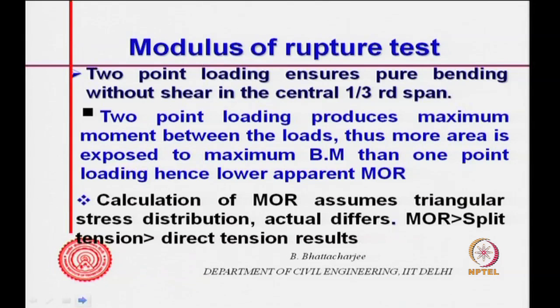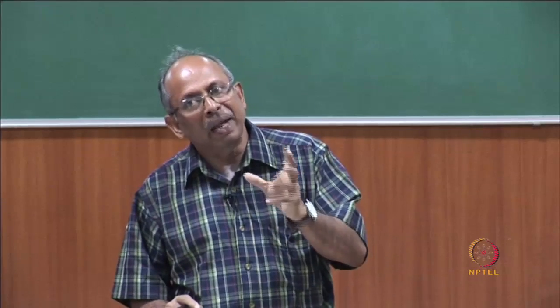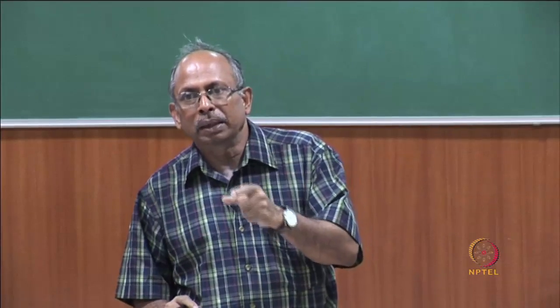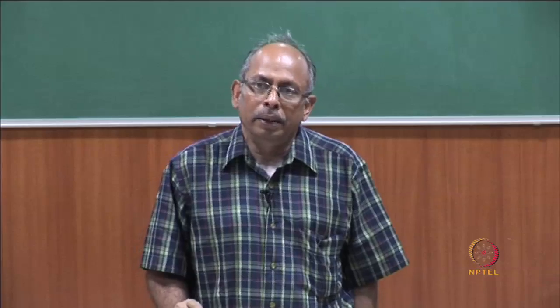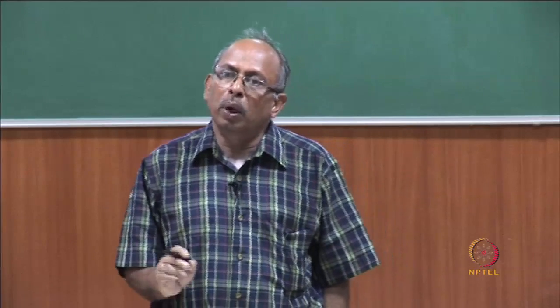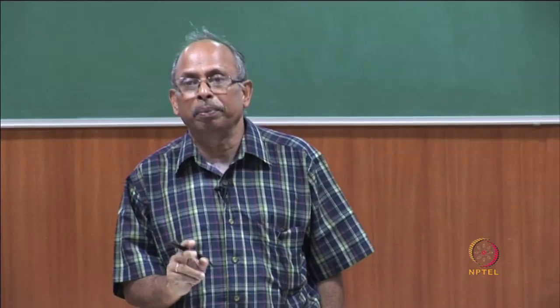So, modulus of rupture overestimates even the flexural strength, but we will see that the other kind of test, the split tension test that we will just discuss, gives you lower strength than modulus of rupture, but if you are able to do direct tension, that will give you still lower.